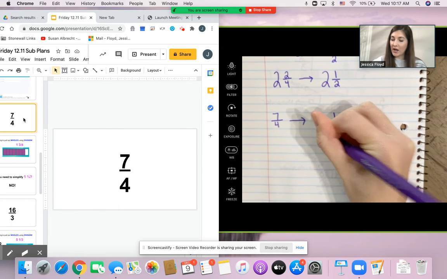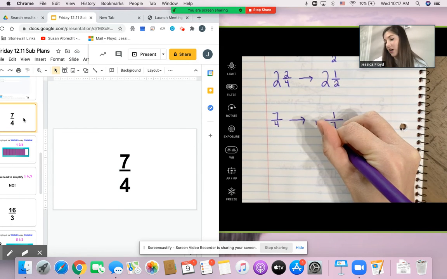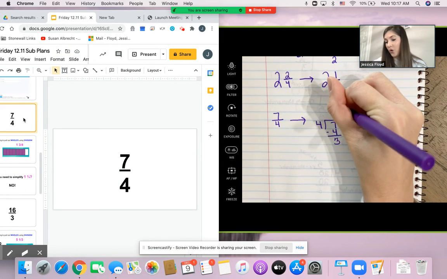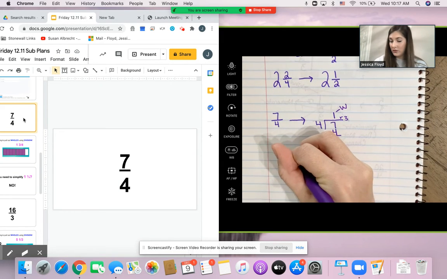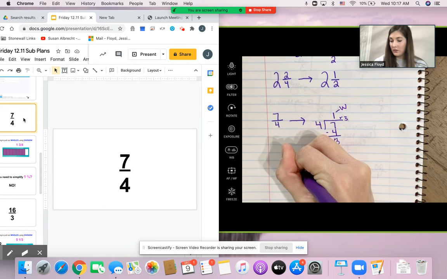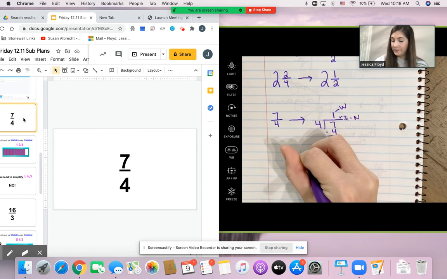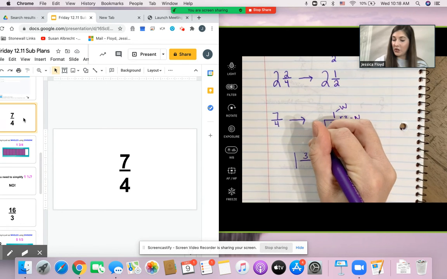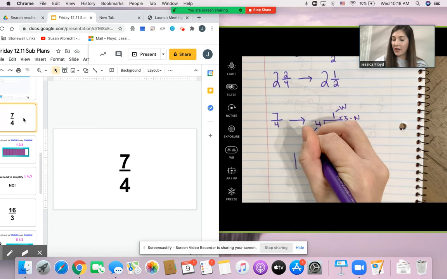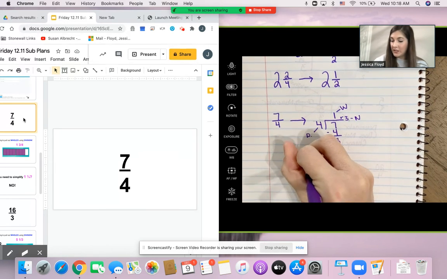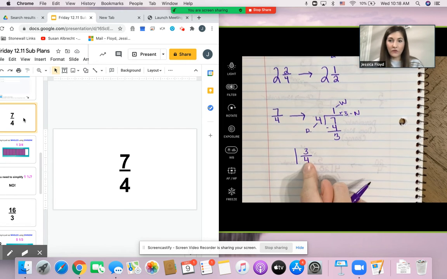I'm going to subtract and get a remainder of 3. I know this is my whole. This is my numerator. And my denominator does not change. It stays the same. So I have 1 and 3/4.